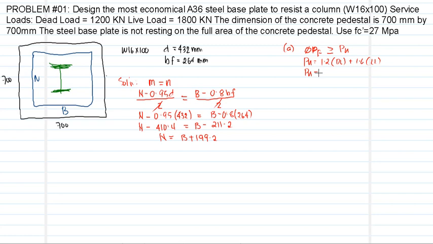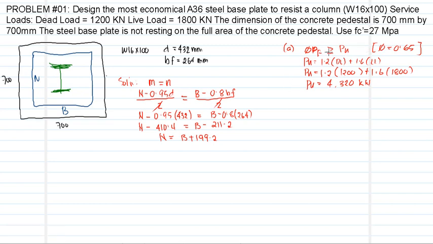So, yung Pu natin is 1.2 times our dead load of 1,200 kilonewton plus 1.6 times 1,800 kilonewton. So, solving for our value for Pu, that is equal to 4,320 kilonewton. So kindly check if my calculation is correct. And our phi here, the value of our phi is equal to 0.65. Okay?